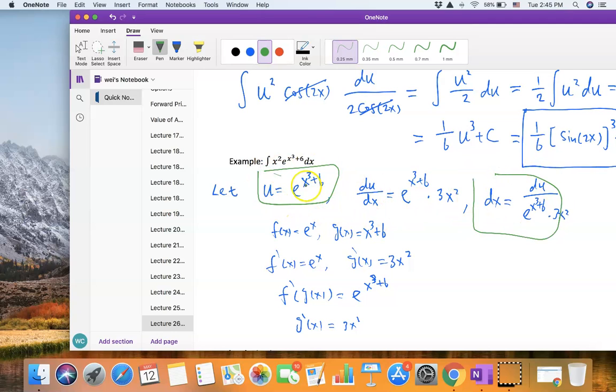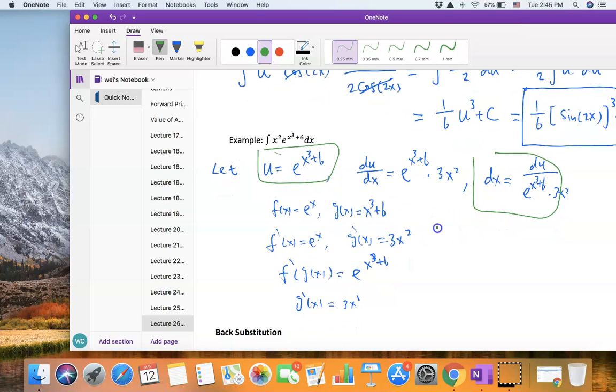Okay, now if we use u to substitute for e to the x to the third plus 6, and use this term to substitute for dx, our integral will become x squared times u times du over e to the x to the third plus 6 times 3x squared.